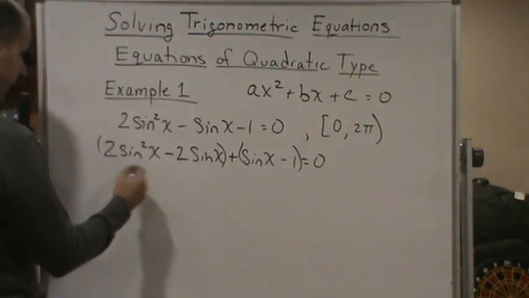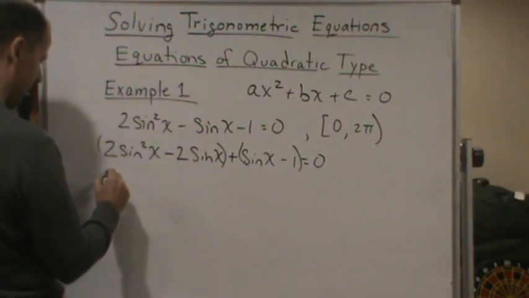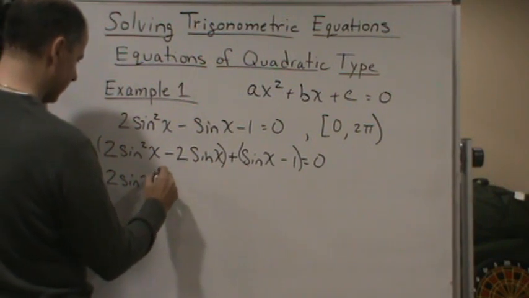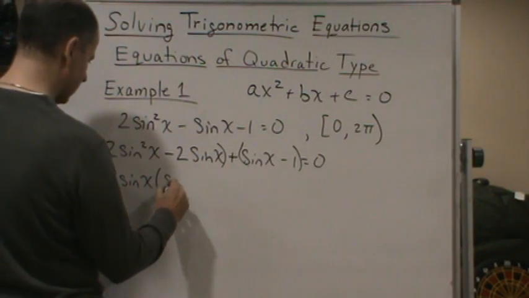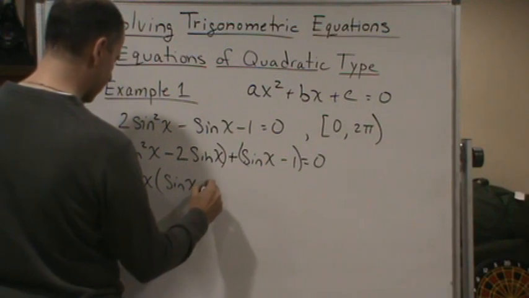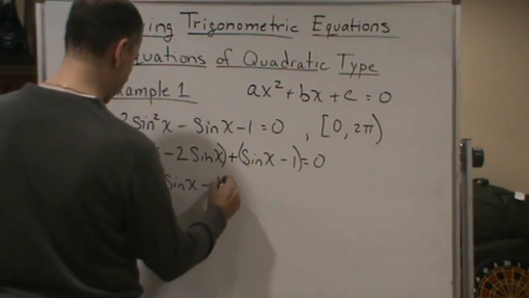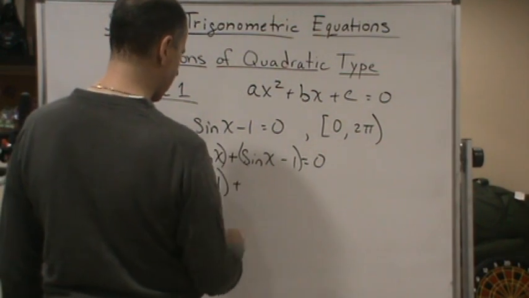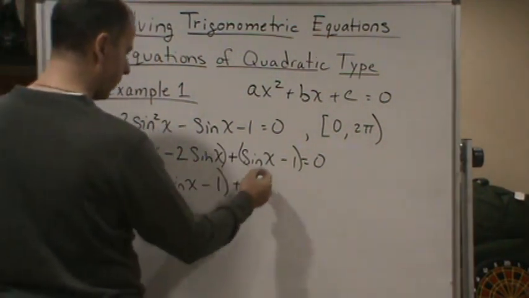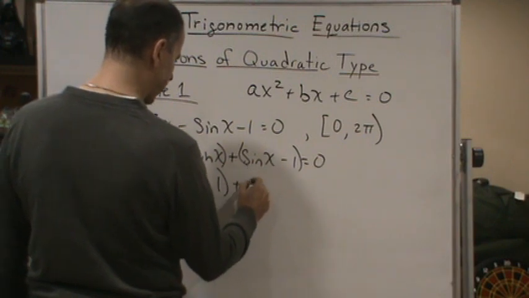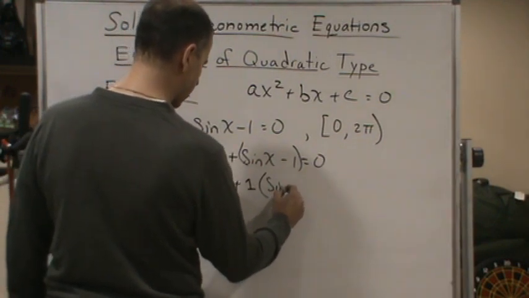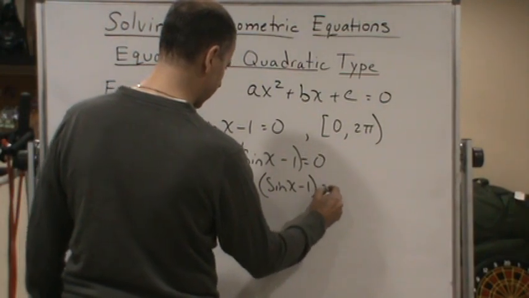So now I'm going to factor out a 2 sine x. That means 2 sine x times sine x minus 1, plus, now we're going to factor out nothing. It's already got sine x minus 1, so we could just put in an imaginary 1 there: 1 times sine x minus 1 equals 0.